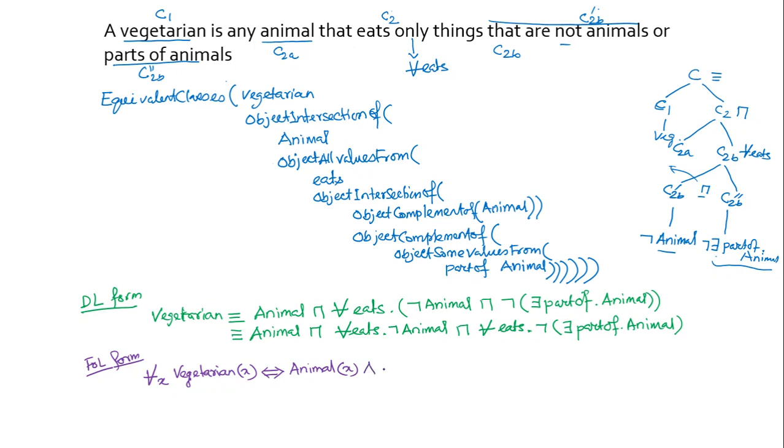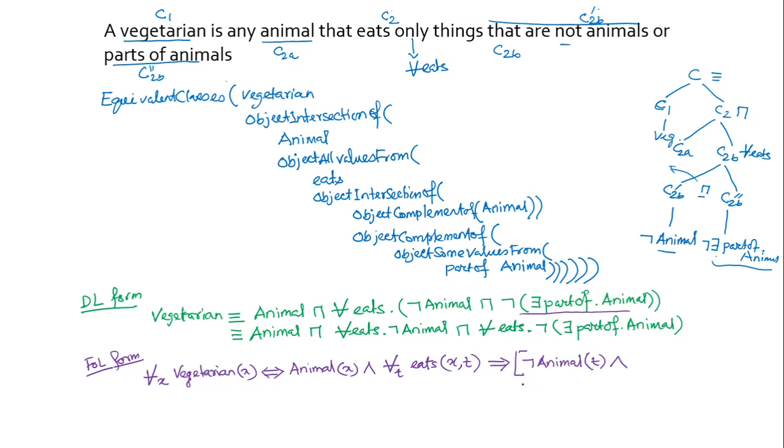And for all t, when x eats t, that implies that t is not an animal. T is not an animal, and then this part, the negation of part of animal.